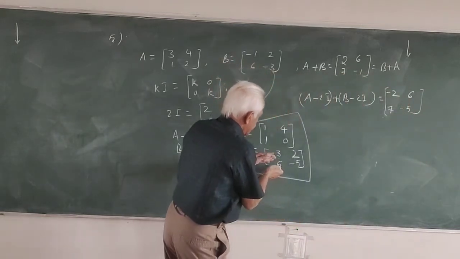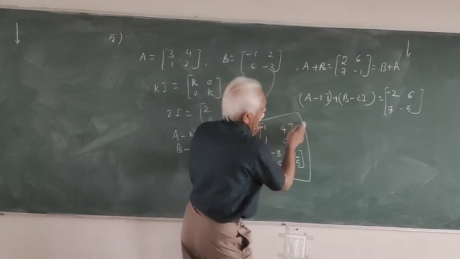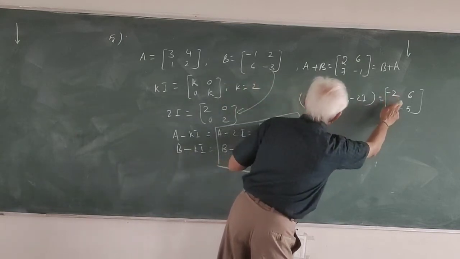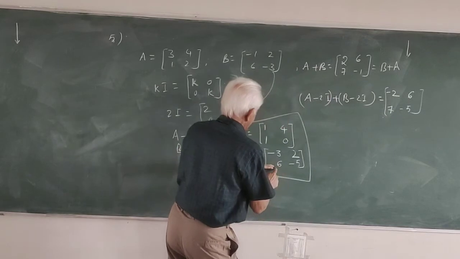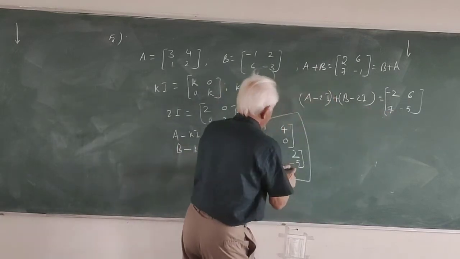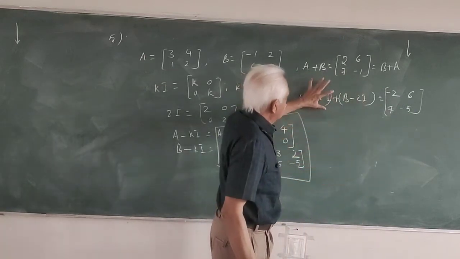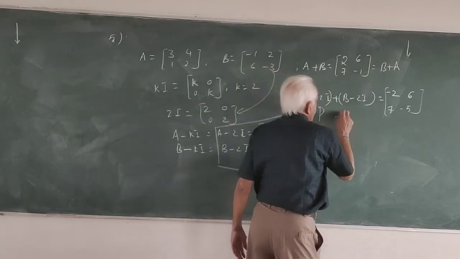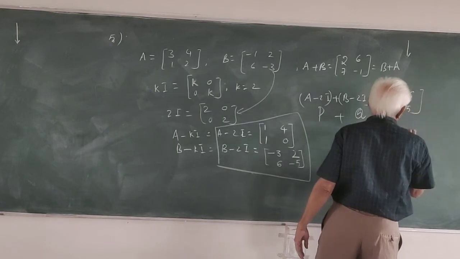Now if you take this first and this side, minus 3 plus 1 is minus 2, 2 plus 4 is 6, 6 plus 1 is 7, minus 5 plus 0 is minus 5. Means this is one matrix. Suppose this is P and this is Q. You are getting this as Q plus P.